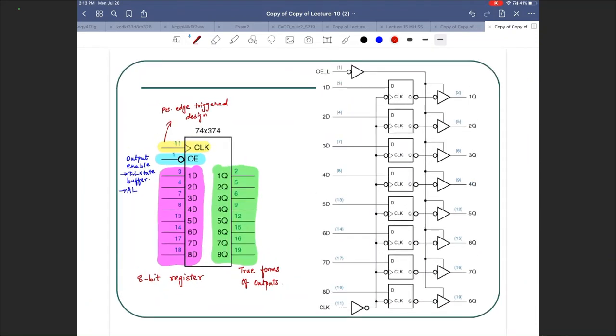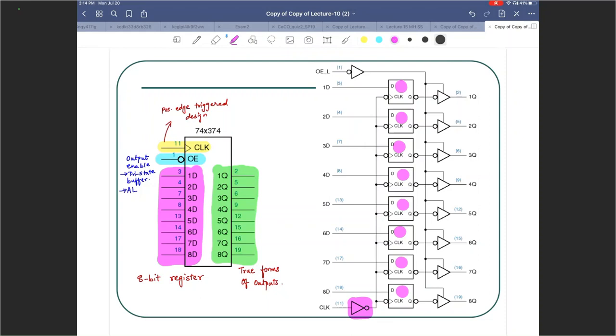Because it's an 8-bit register, you have 8 D flip-flops. Where are those flip-flops? 1, 2, 3, 4, 5, 6, 7, 8. 8 negative edge triggered D flip-flops. We are again using a NOT gate here that is going to help us make the logic level solid. It's going to restore those voltage levels, which we are connecting for 8 different clock inputs.